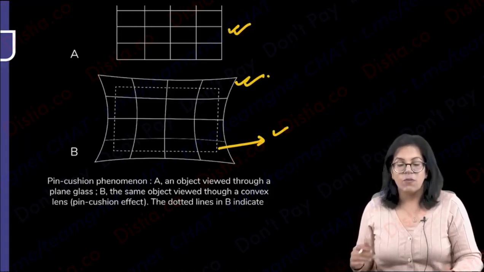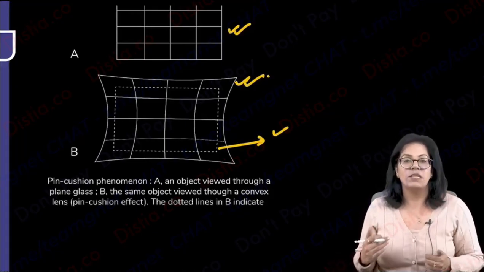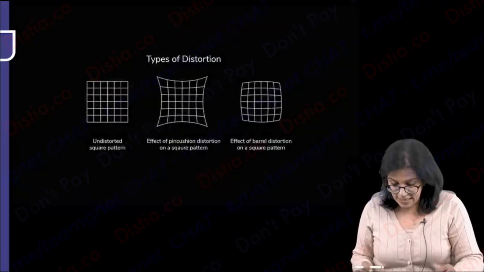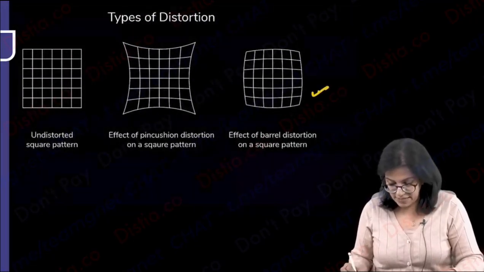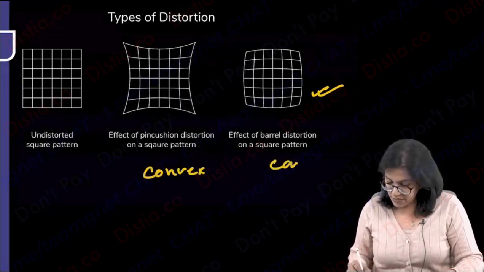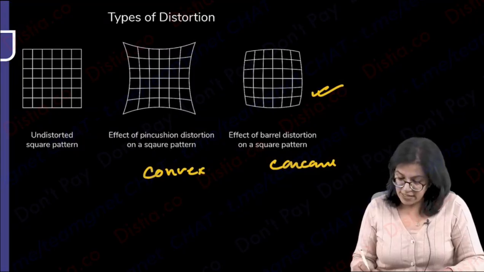With a convex lens this causes pin cushion; with a concave lens, it causes barrel effect. All these are happening due to spherical aberration.